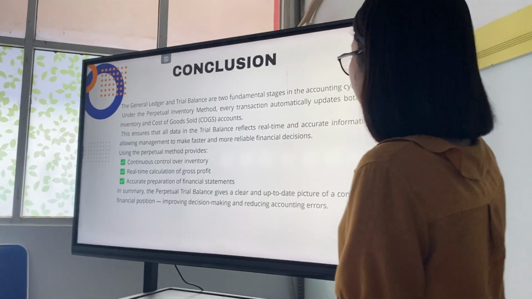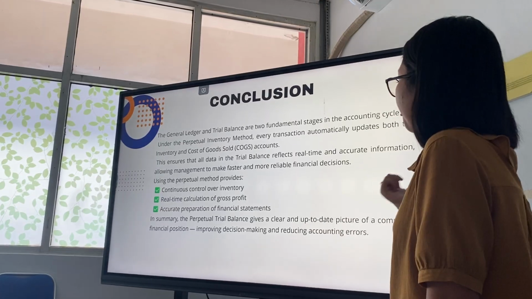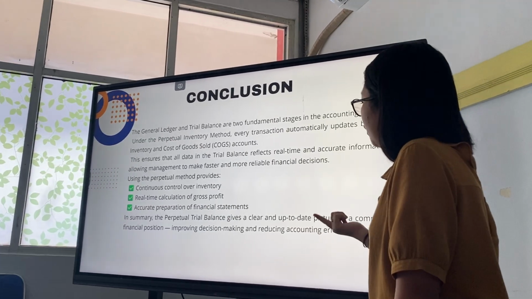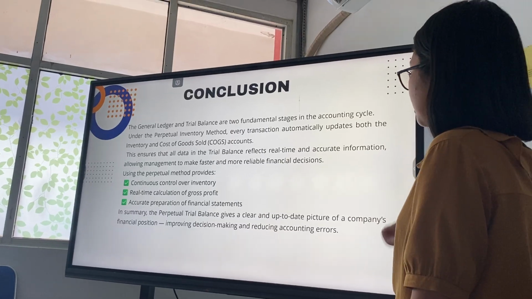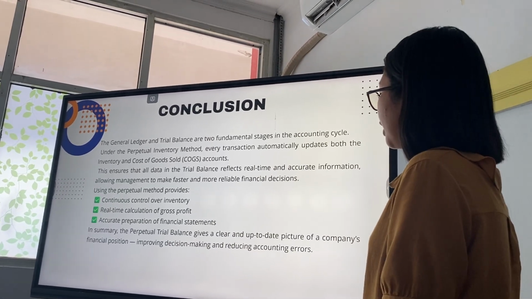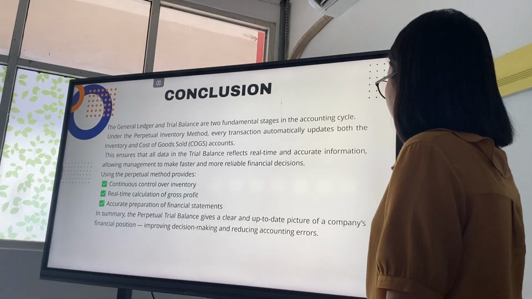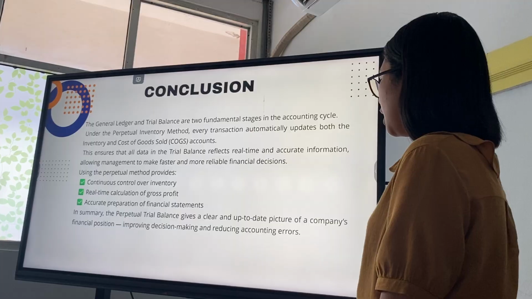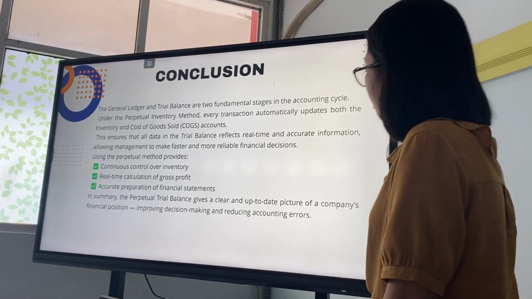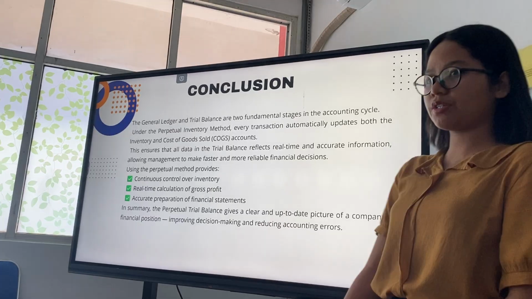Using the perpetual method gives continuous control over inventory, real-time calculation of gross profit, and accurate preparation of financial statements. In summary, the perpetual trial balance gives a clear and up-to-date picture of a company's financial position, improving decision making and reducing accounting errors.